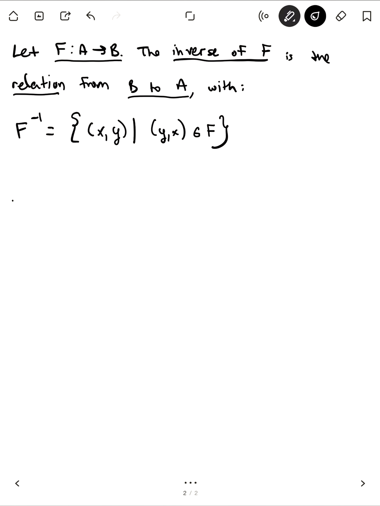Okay, so another way that you can combine functions. Let functions f and g be defined with f mapping from set A to B, and g mapping from set B to C. Then we can form what's called the composite.